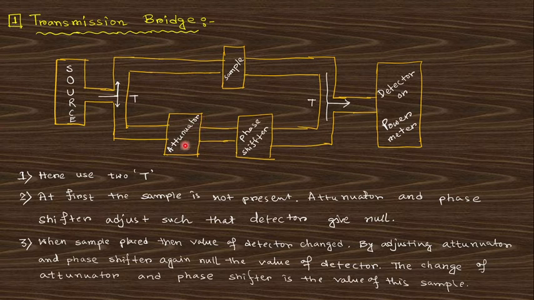The amount of change in the attenuator and the phase shifter needed to make the power 0 after placing the sample is the attenuation and phase of the sample. I think it is clear how we can measure the attenuation and the phase of the microwave through this transmission bridge, right?